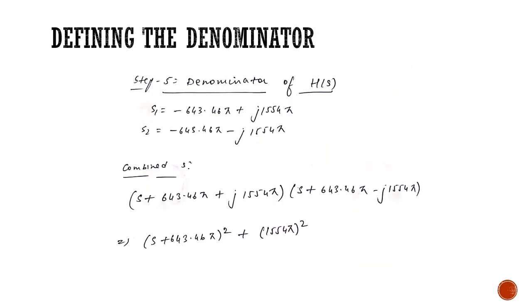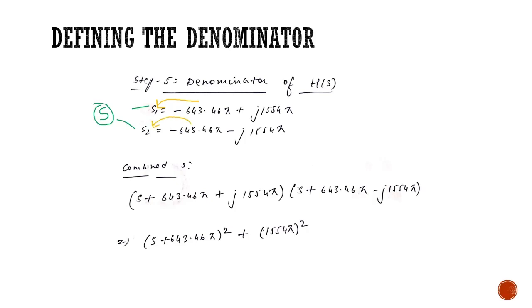Now that we have our pole values S1 and S2, we need a single denominator that will have S in it. And how we can get that is by taking this, putting it here, that is taking it from the RHS to the LHS.